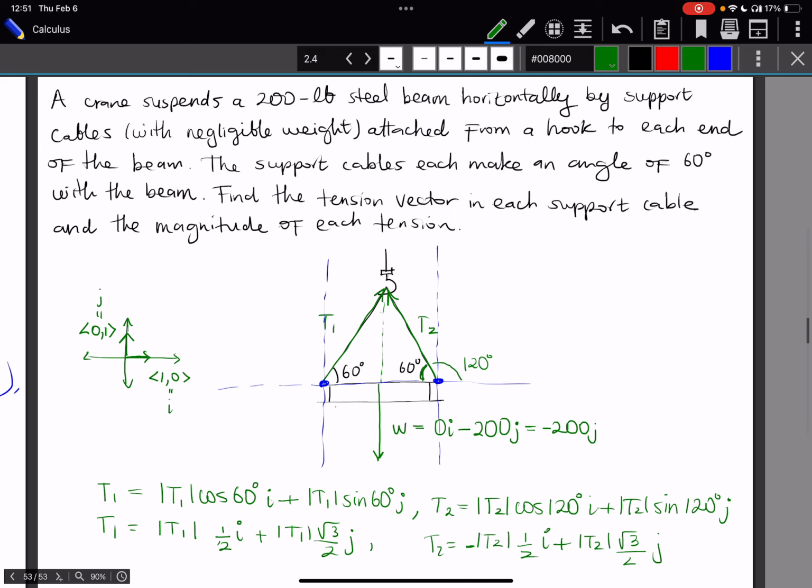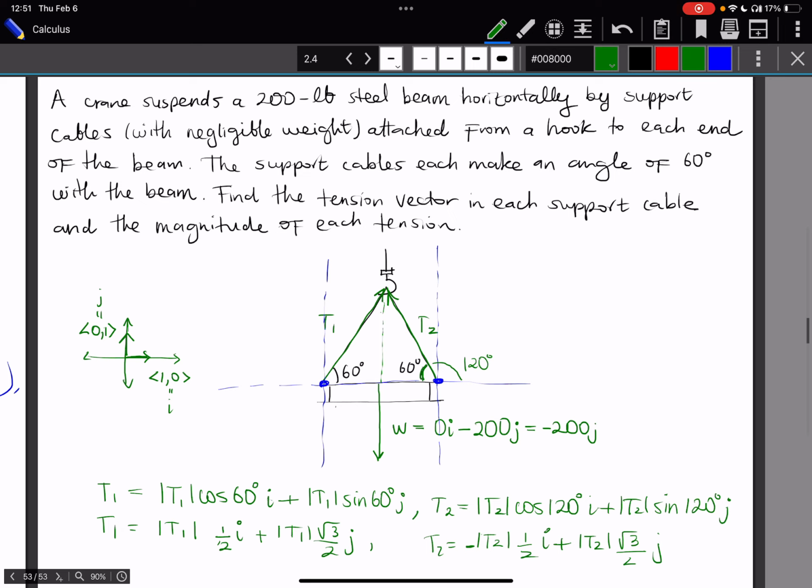So here we have T1 and T2 written in terms of their magnitudes. And the next thing we want to do is we want to use some physics. If the system we have here is in equilibrium, then the total force acting on that we see here in this system should be equal to 0, the 0 vector in R2.